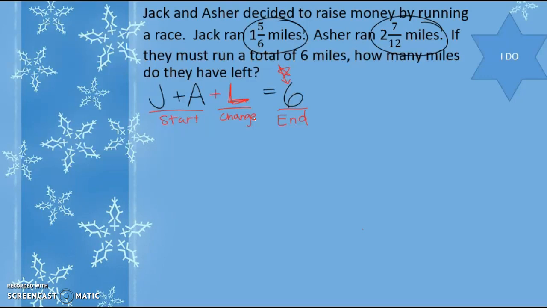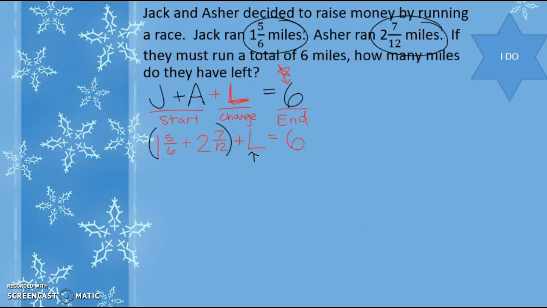So what are we going to do? Okay, we have 1 5/6 plus 2 7/12 plus the number of miles they have left, and all of that has to equal 6. How do we figure this out? You're probably thinking what I'm thinking. We need to add these two together, right? And if we want to figure out what this number is, you probably remember this from maybe 2nd grade.